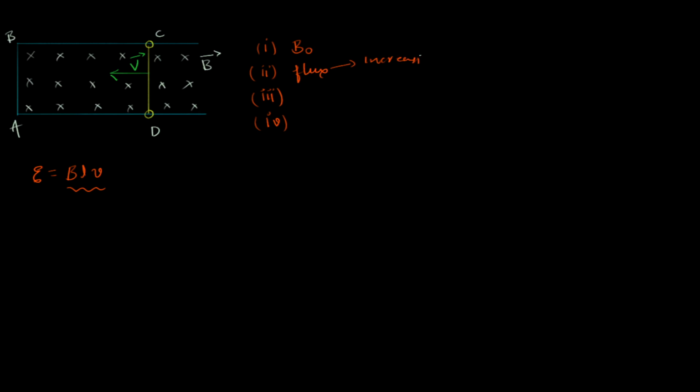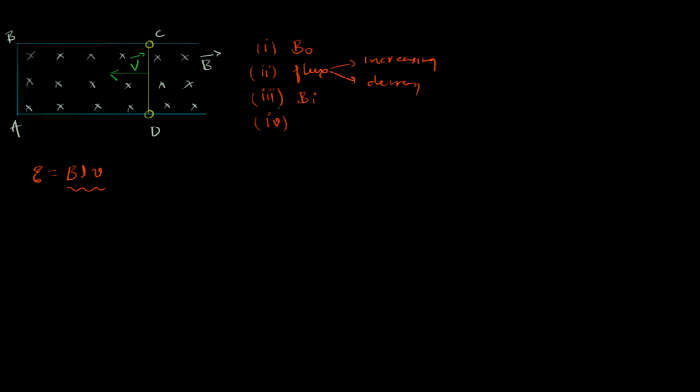And the third thing is to identify, based on the first two steps, the direction of the induced magnetic field. The induced magnetic field will always be such that it tries to oppose the changing flux.